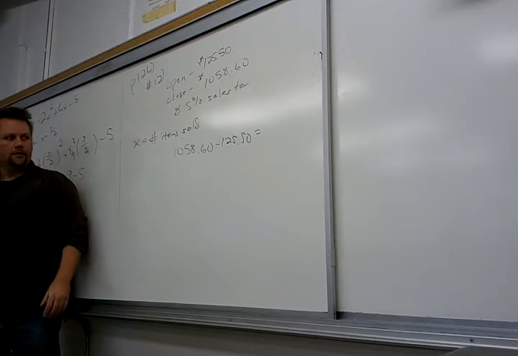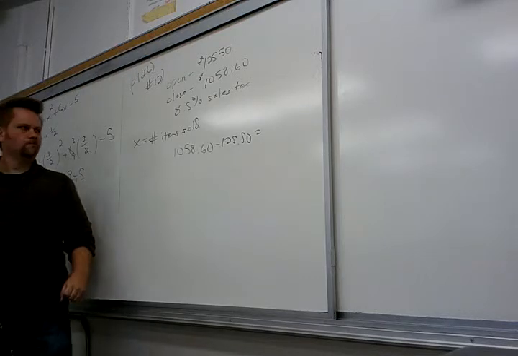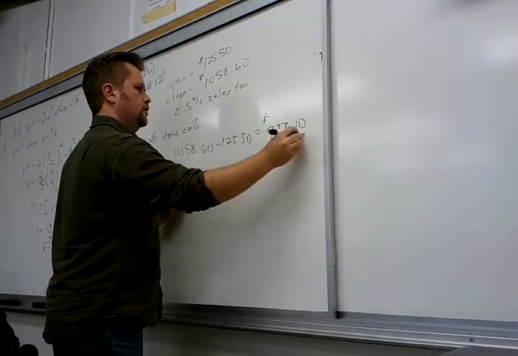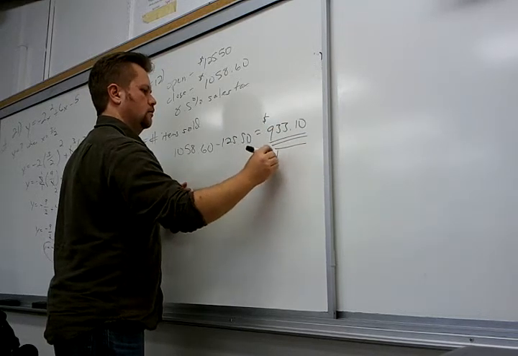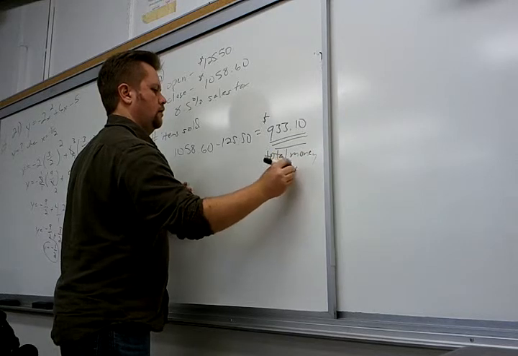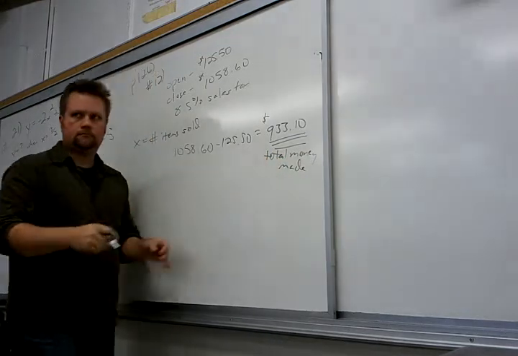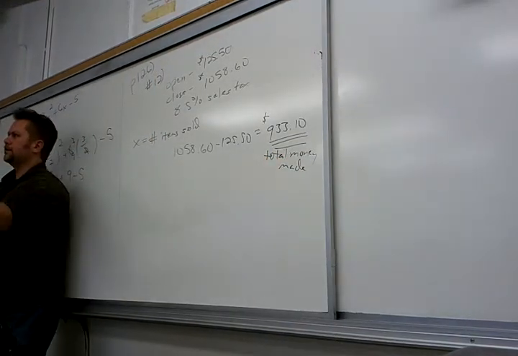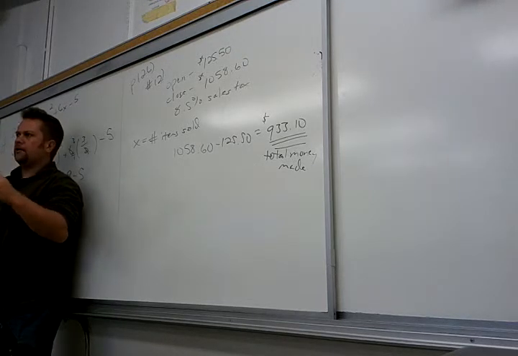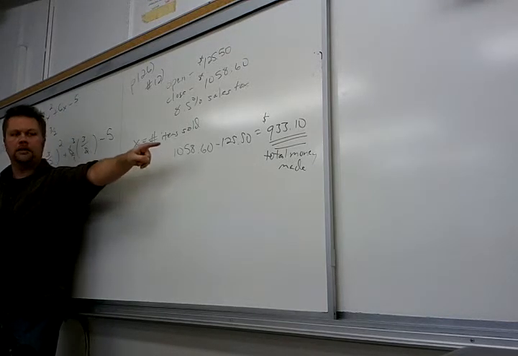So what's that? 933.10. Okay, cool. So that's the total money made from sales and taxes. Now we have to piece together the equation that will get me there.